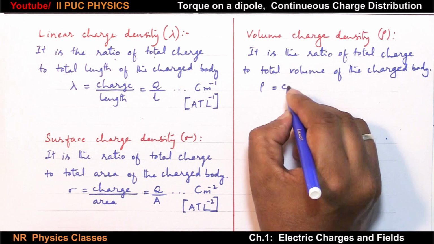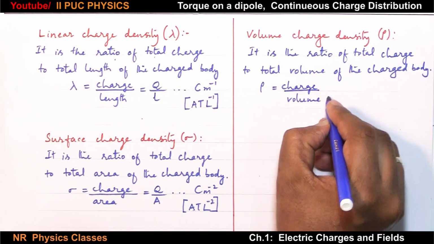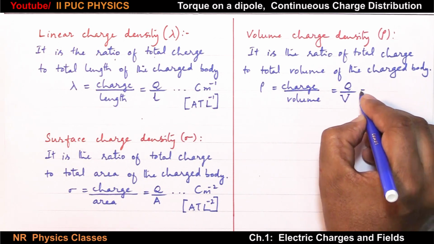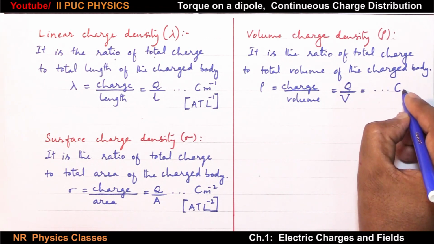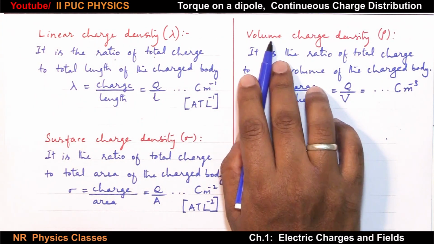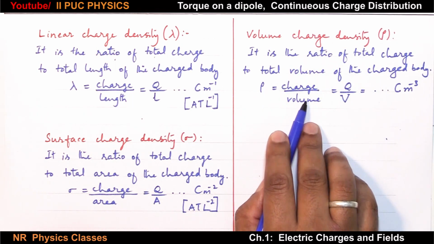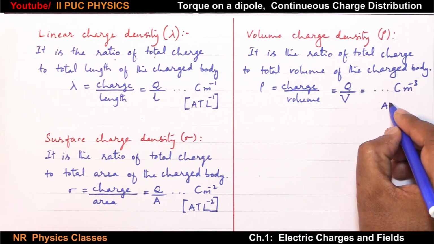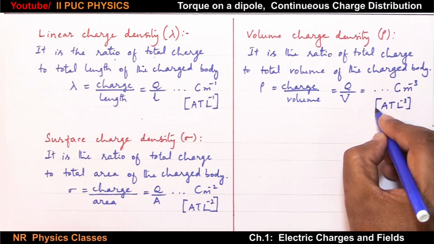Rho equal to charge by volume, Q by capital V. So SI unit is coulomb per meter cube. If it is mass density, it is mass by volume. It is charge density, charge by volume. Coulomb is ampere time, meter cube is L to the power minus 3. This is the dimensional formula.